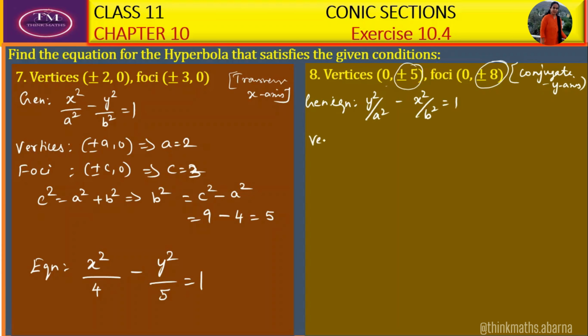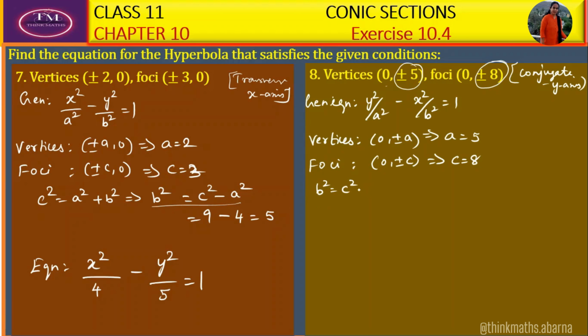For this, vertices will be 0, comma, plus or minus a. Comparing with the given vertices, a will be 5, and foci will be 0, comma, plus or minus c. Comparing, we get c is equal to 8. So we have b square equal to c square minus a square.